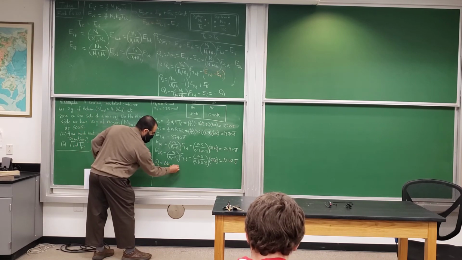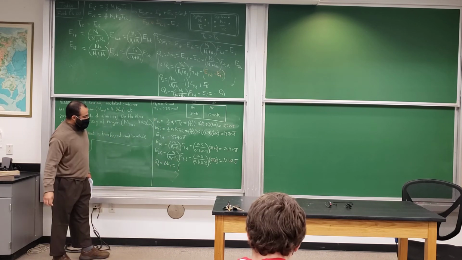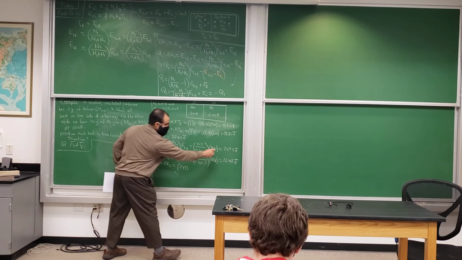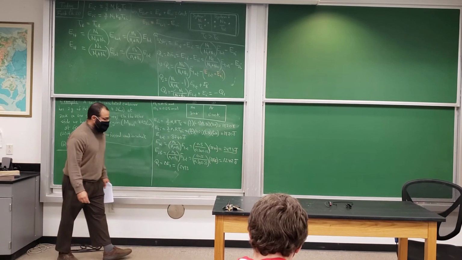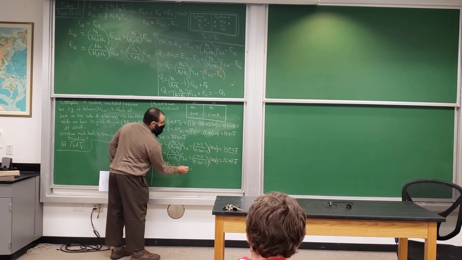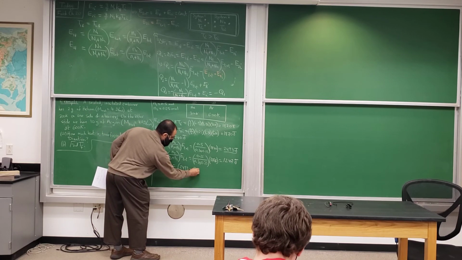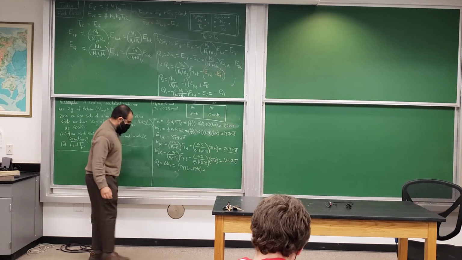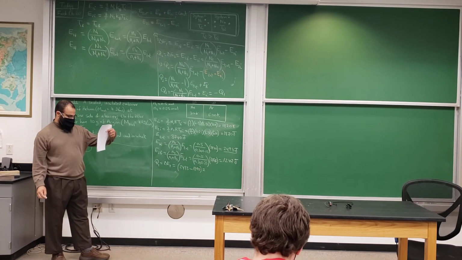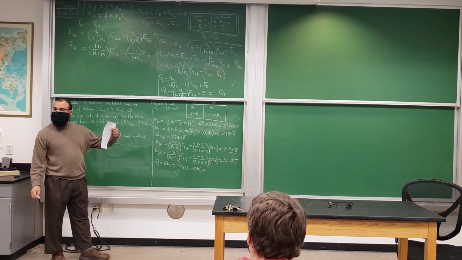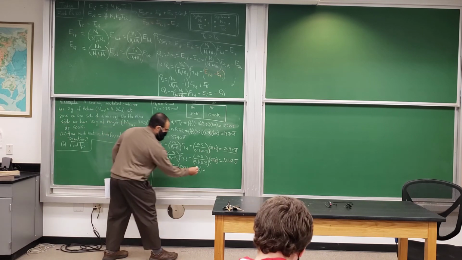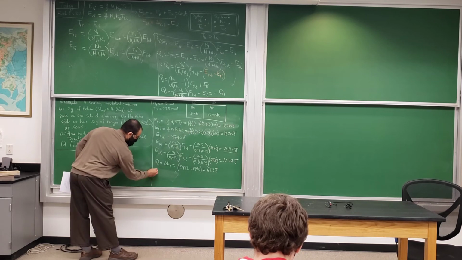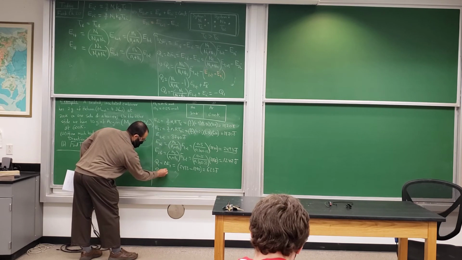For system 1, the final energy is 2493 at the end, but it started with 1870. That is 623 joules. Q2 is delta E2.